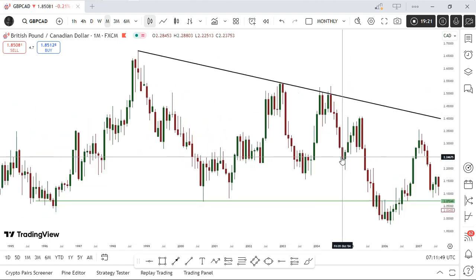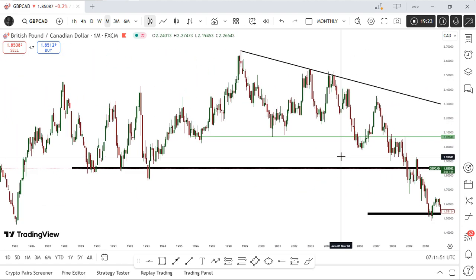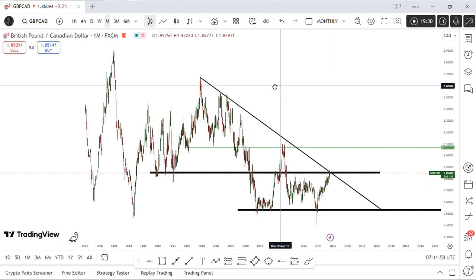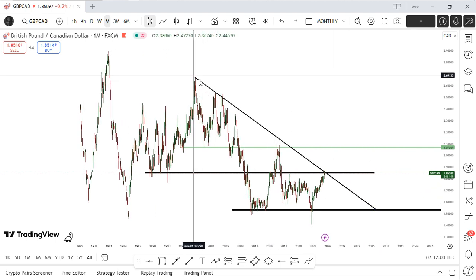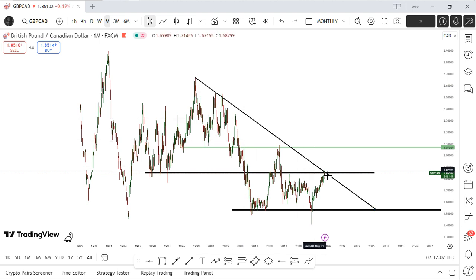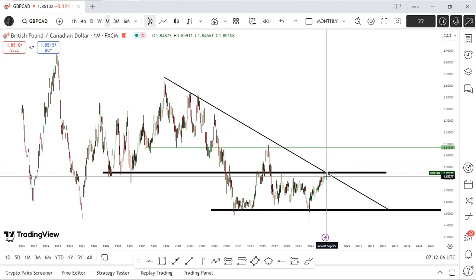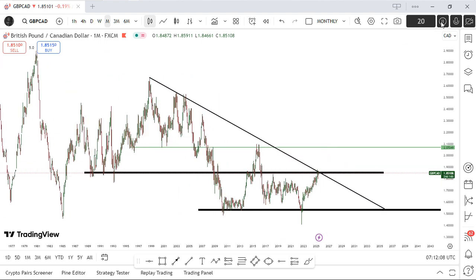I want to check something real quick. And we could see this trend line resistance: first touch, second touch, third touch. Which means that GBP/CAD is likely to drop to the downside from this zone.